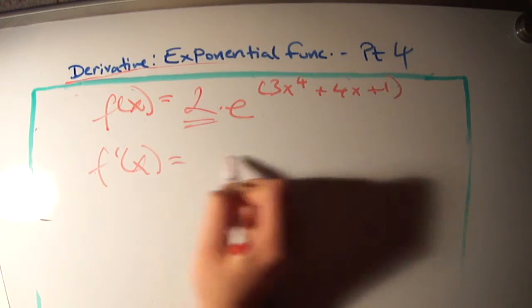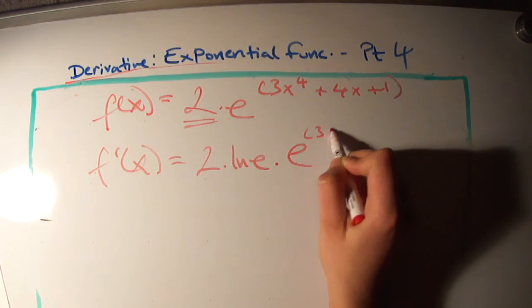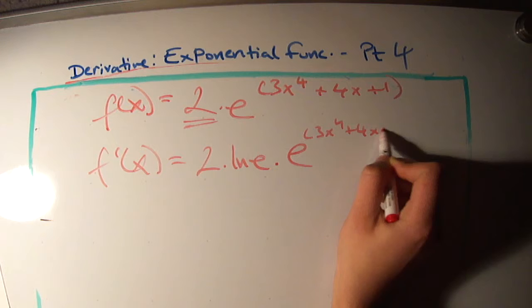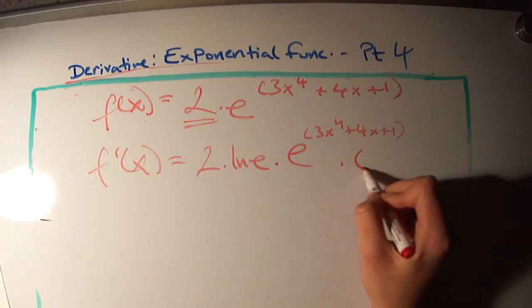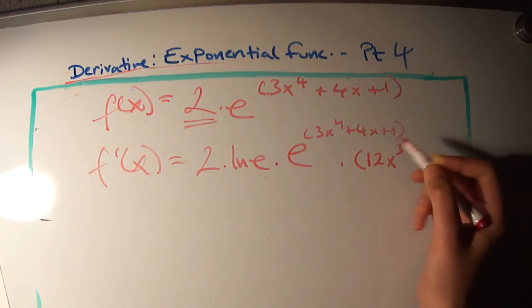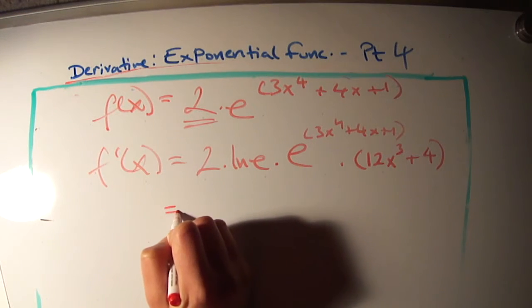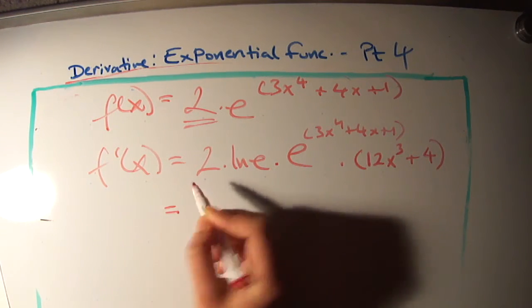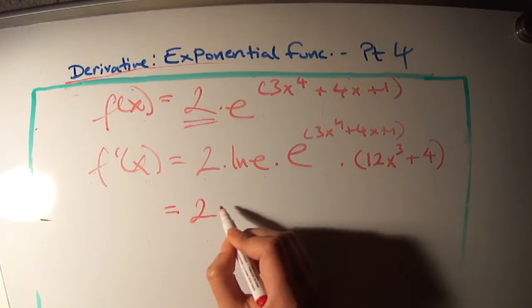So the derivative would be the constant into the ln of the base, the function as it is, into the derivative of the function. So this would be 12x cubed plus 4, which equals, now in this case you can even take out the 4 outside the bracket, but we'll do that in just a second.